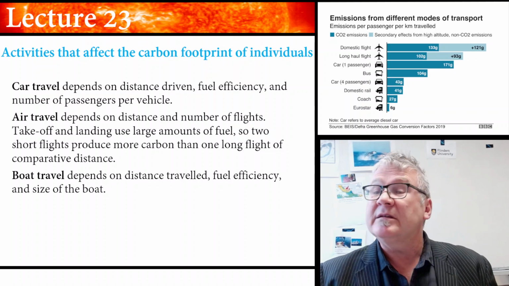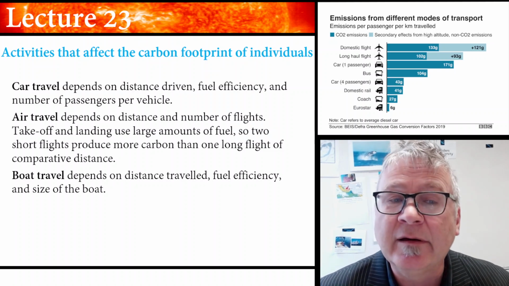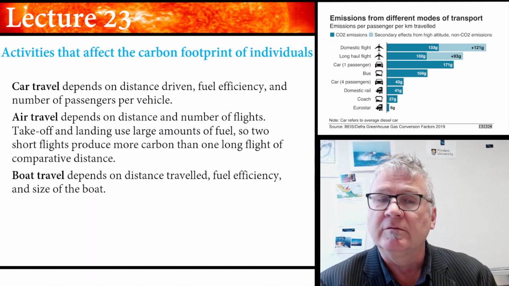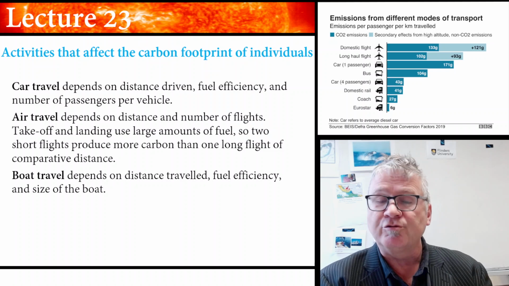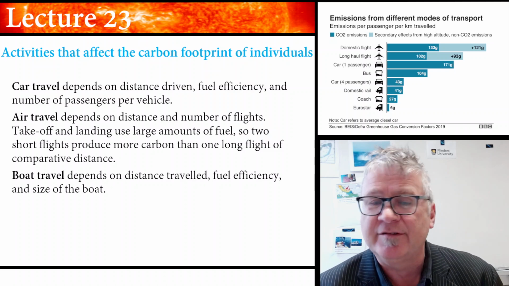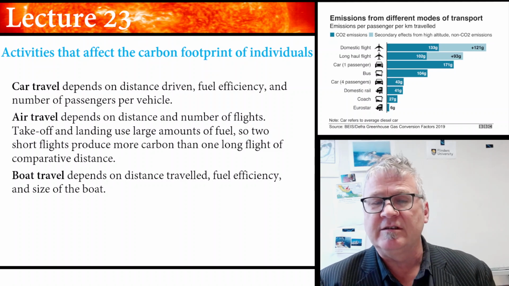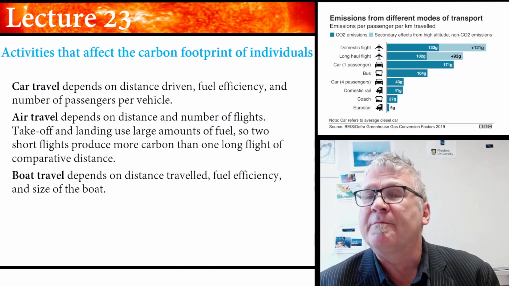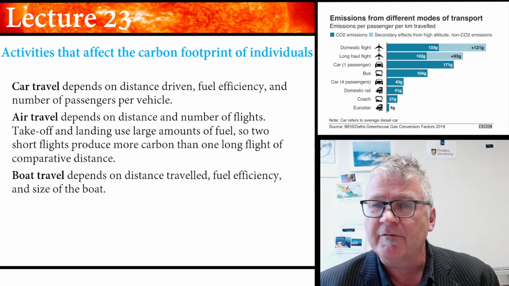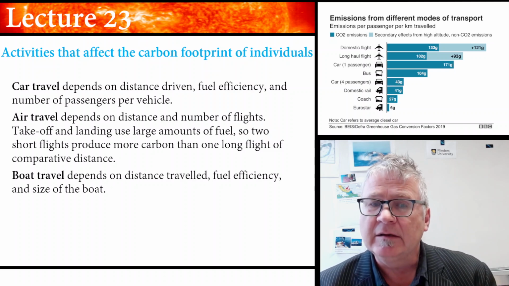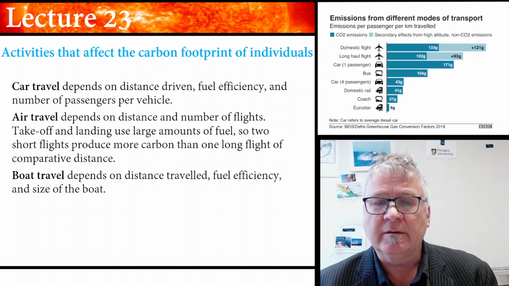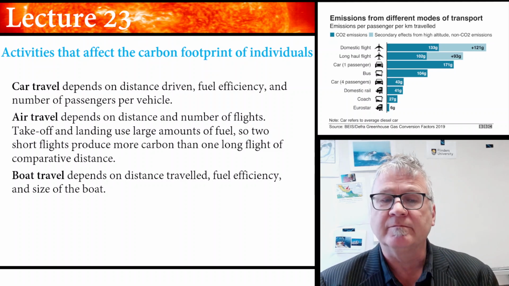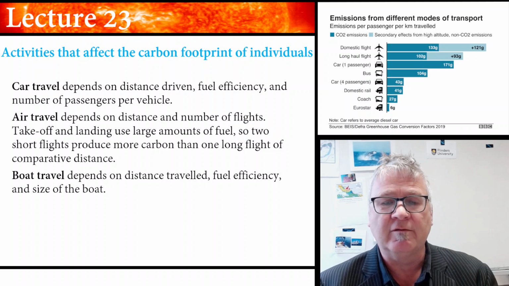All right, so let's have another look at other activities that affect carbon footprints of individuals' travel. Car travel, air travel, boat travel. All depends on the distance driven and the fuel efficiency. And air travel depends on how many stops you have, because landing and short flights produce more carbon than one long flight, if you have multiple short flights.